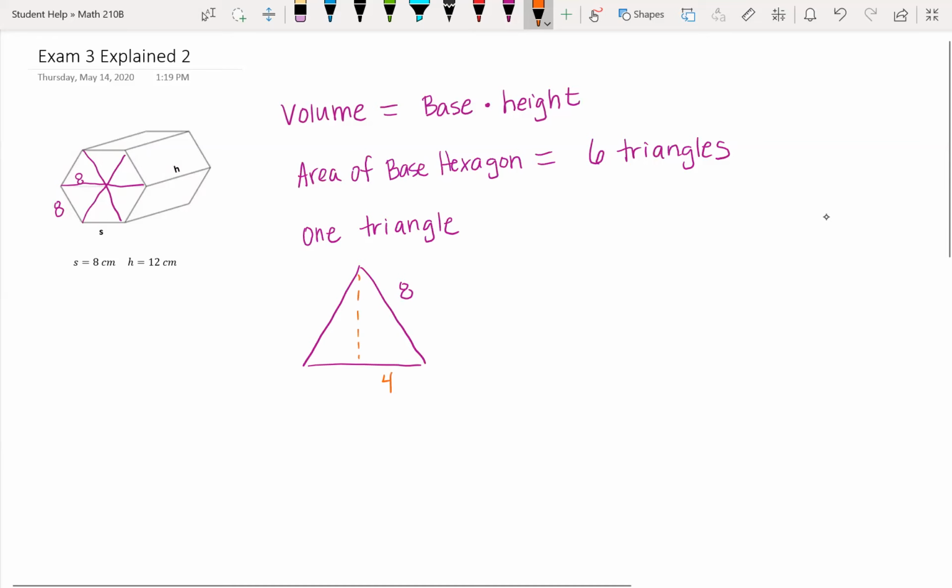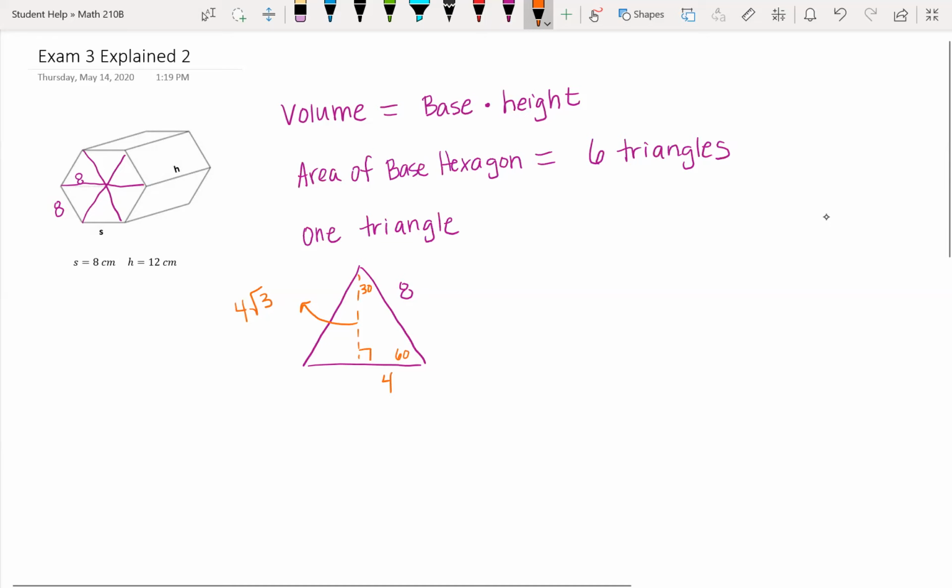So what I've created is a 30, 60, 90 triangle here. And so this side is 4 times the square root of 3. That's always going to be the case. You can use the Pythagorean theorem to find that, but that's one of the special triangle relationships we talked about back when we were looking at area and perimeter of polygons.